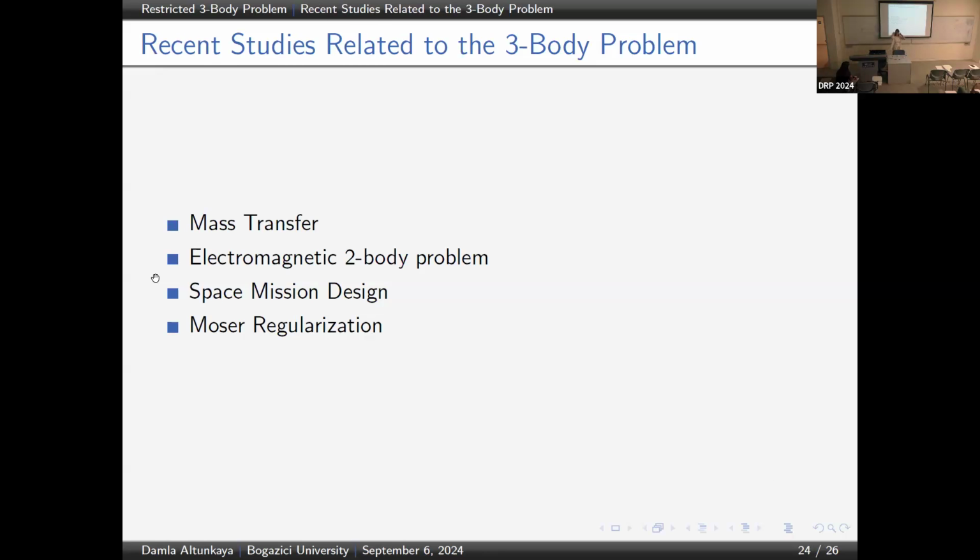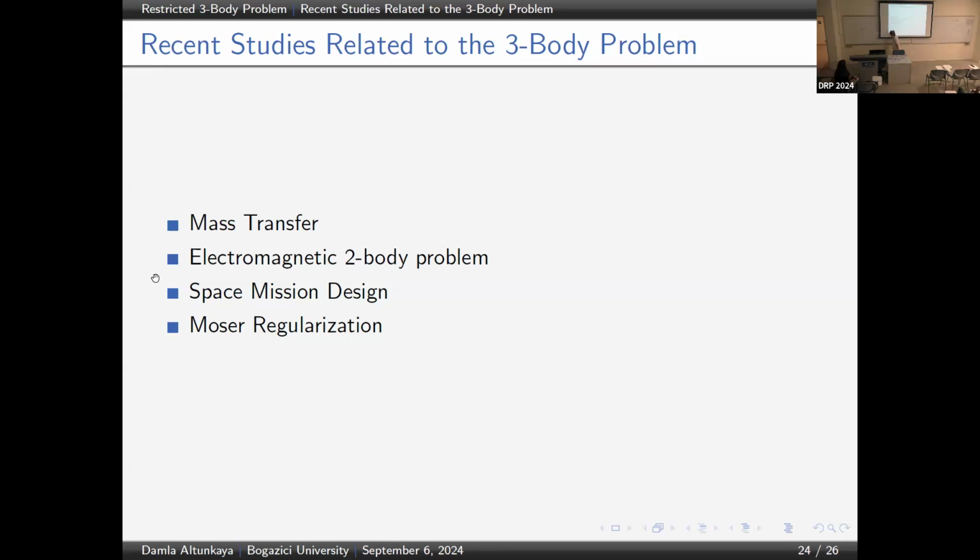Recent studies on the three-body problem. This is actually a well-studied problem even today. There are things called mass transfer, the electromagnetic two-body problem, space mission design, and Moser regularization.